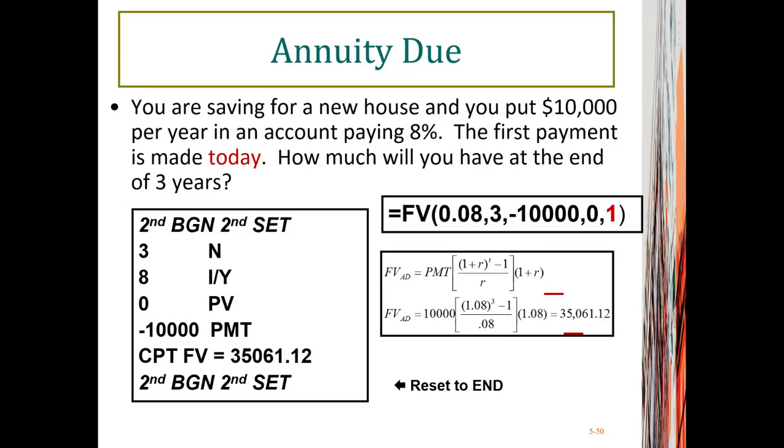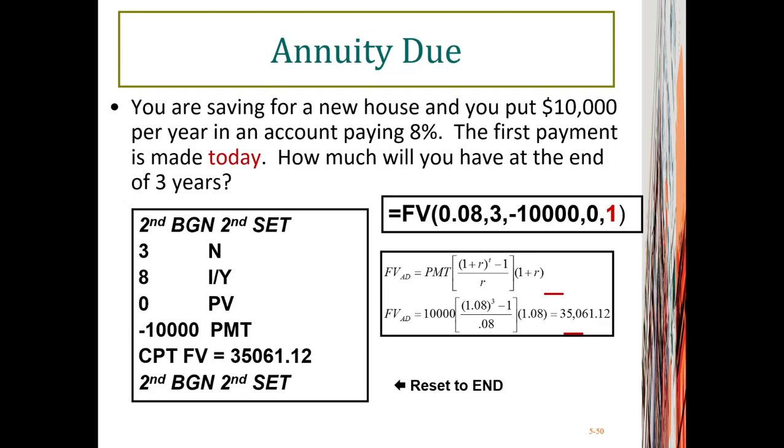Let's take a look at how we can deal with an annuity due problem by doing second payment, second enter. Right? And let's say you are saving for a new house. You put $10,000 per year in an account, paying 8%. The first payment is made today, and it asks you how much will you have at the end of 3 years.